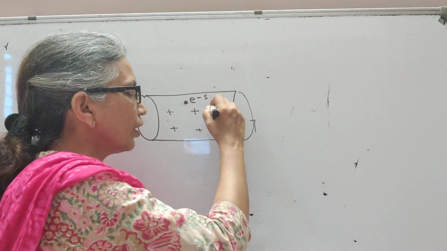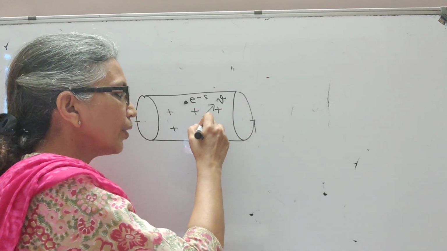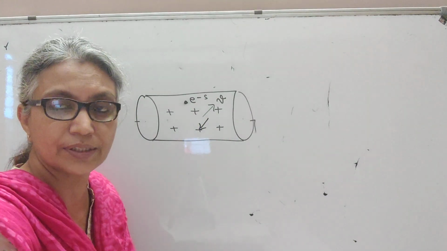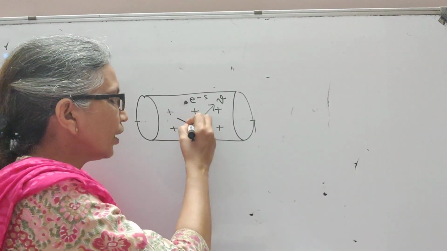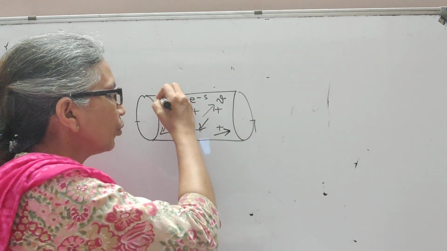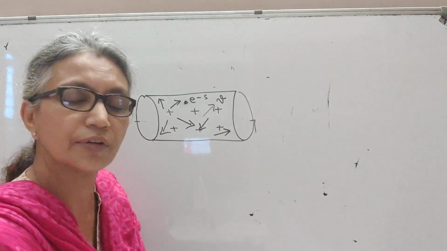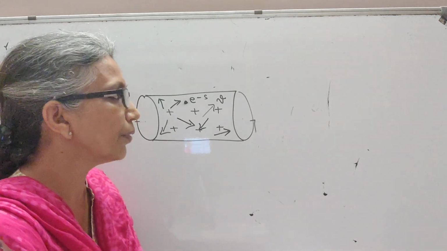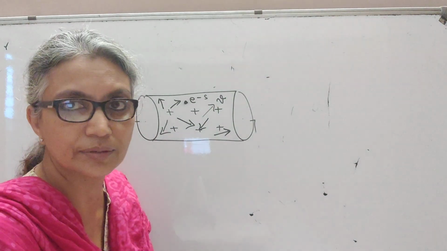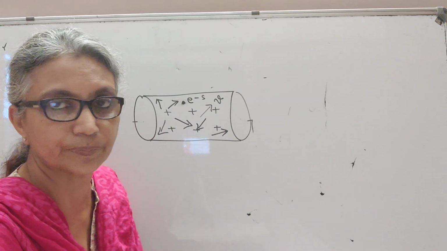If one electron has a velocity in this direction, after one collision it may change its velocity to exactly opposite the original. So you have all these electrons in random motion, and therefore if you take the average initial velocity of all these electrons, the average velocity is going to be 0 because they are directed randomly, with no particular direction. So the average initial velocity is going to be 0.